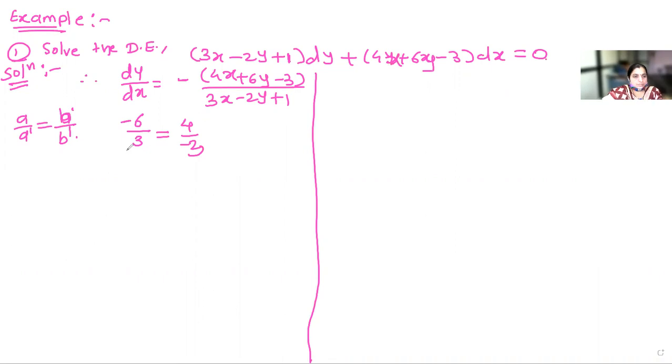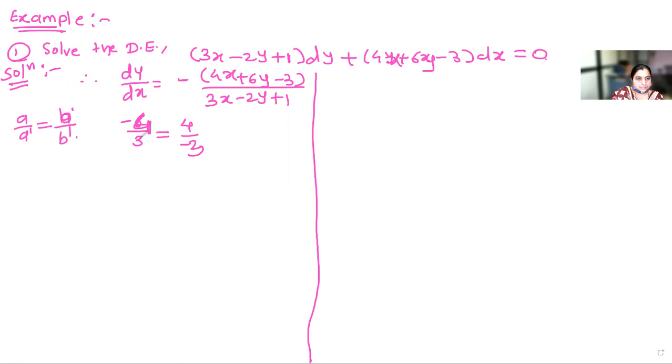So now you can see here, a upon a dash means minus 4 upon 3.